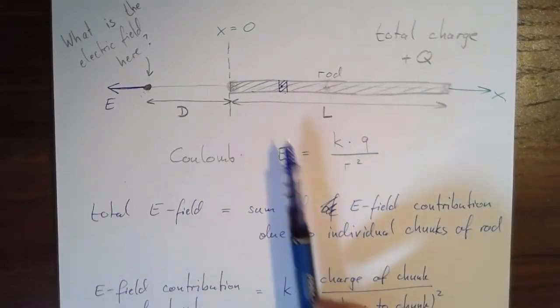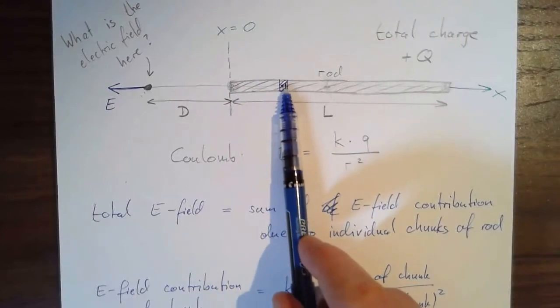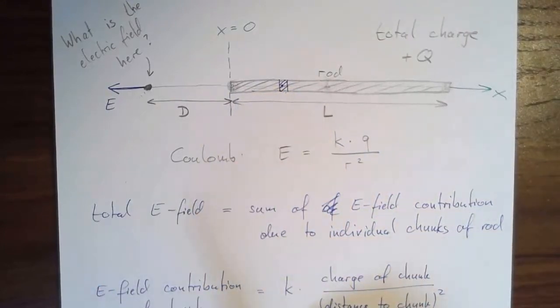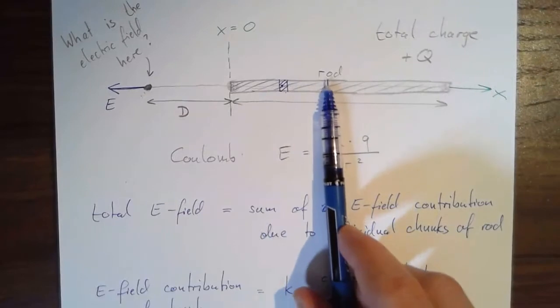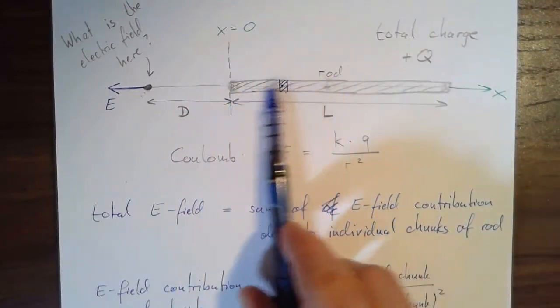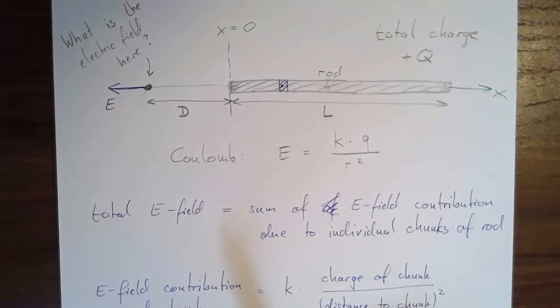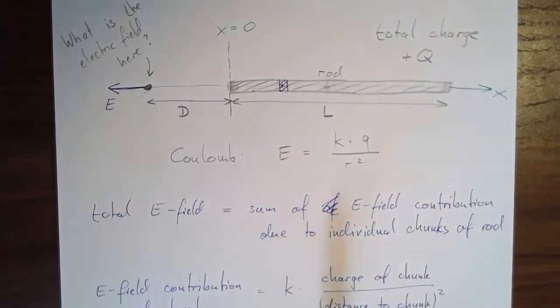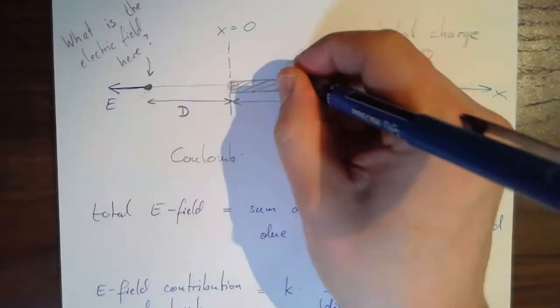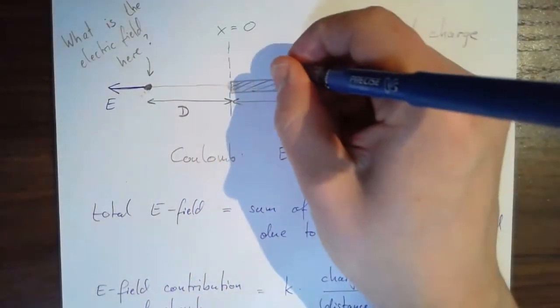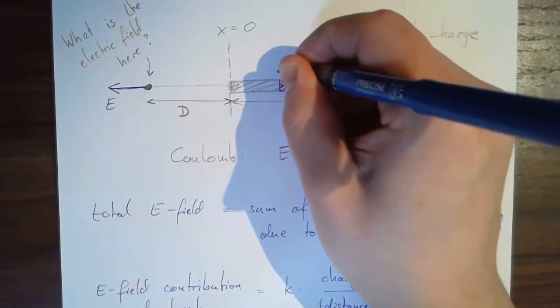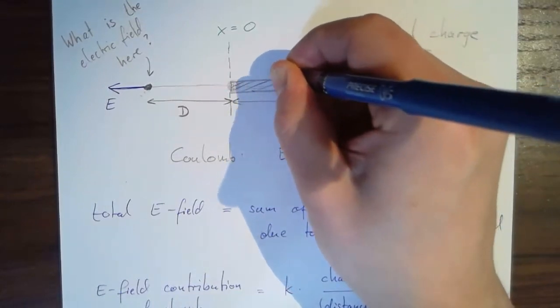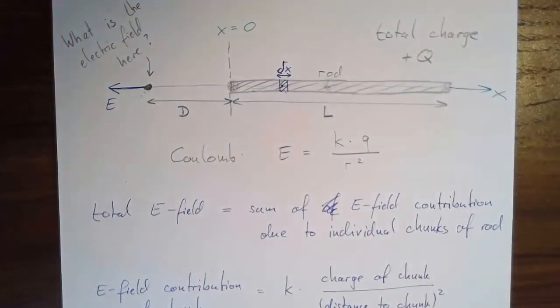We just call it Q. But this little chunk is not the whole rod, so it doesn't have charge Q. If it were half the rod, it would have half Q. If it were a tenth of the rod, it would have a tenth Q. If it's a millionth of the rod, it has a millionth Q. So I'm asking, what is the width delta x of my chunk?